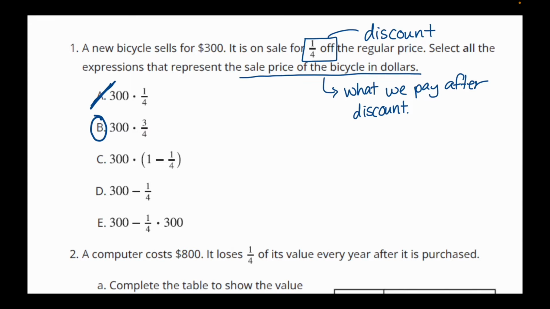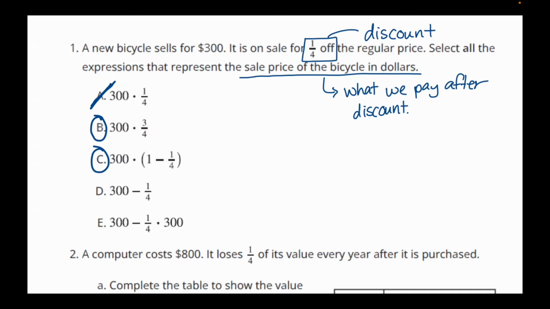So we can think of 1 and 1/4 as parts of the original price. So this is saying, hey, take the entire original price and then subtract 1/4 of it. And then multiplying by what that price is gives us that actual dollar amount. So C also works.